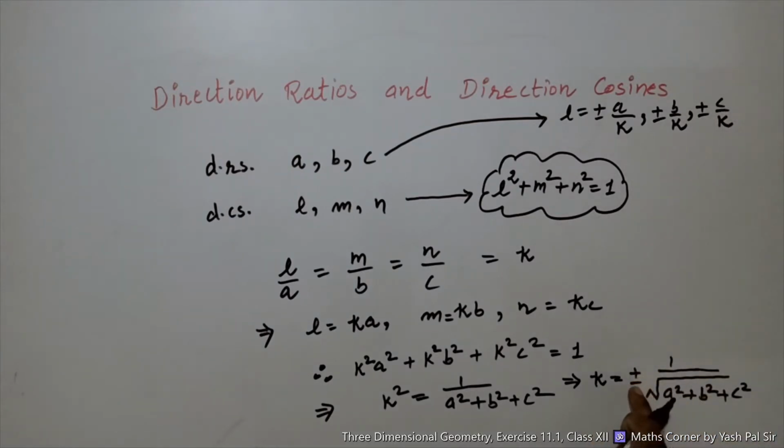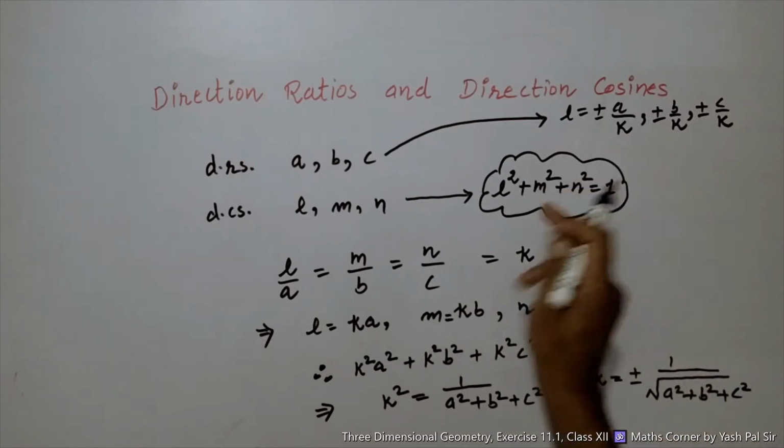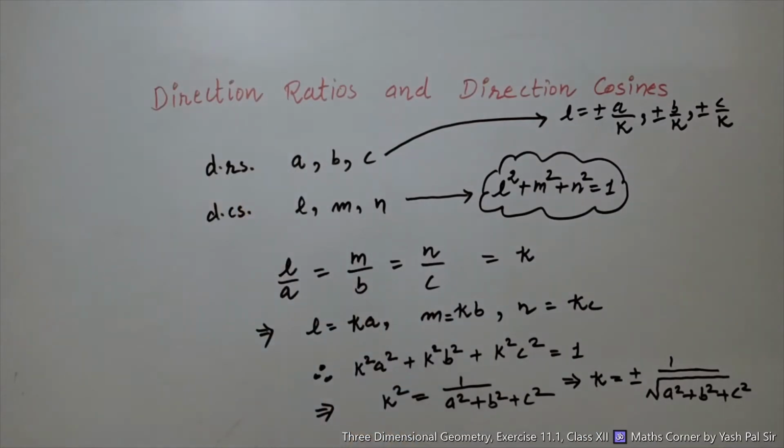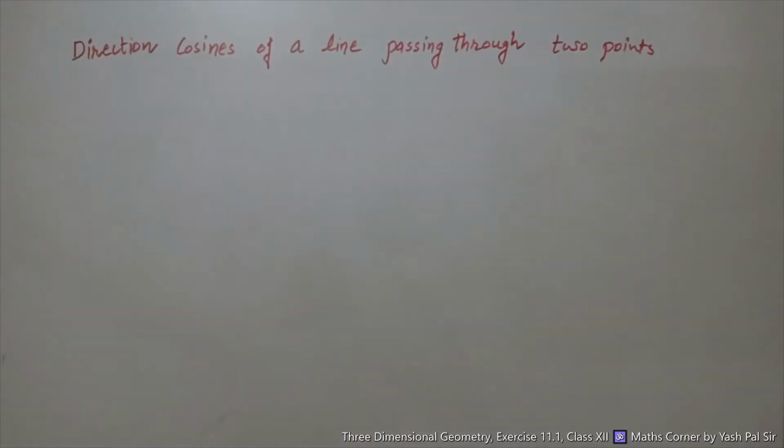What is k? k is plus minus 1 upon square root of a square plus b square plus c square. So this way we can find direction cosines if direction ratios are given to us.